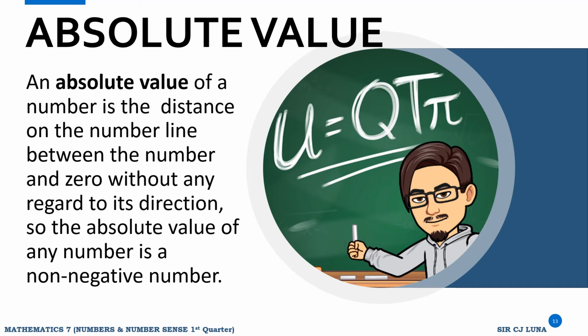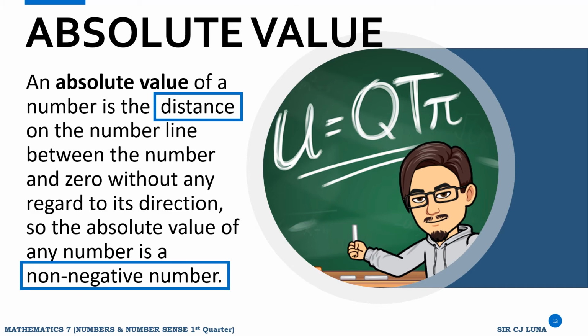So again, absolute value is the distance. So kapag ating pinag-uusapan ay distance, ito ay laging positive. Tama. So, ang ating absolute value para sa mga numbers ay laging non-negative number. Ibig sabihin, lagi siyang positive. Sana gets yon. Okay.